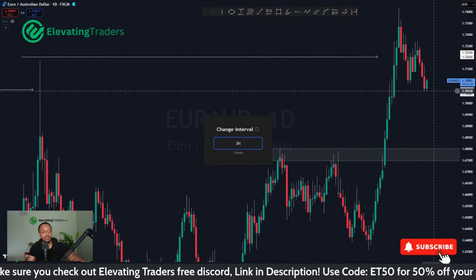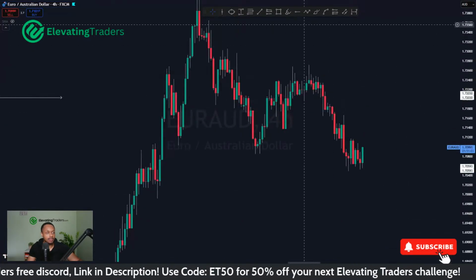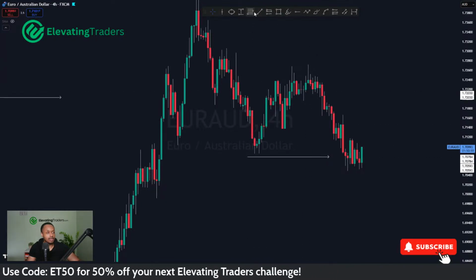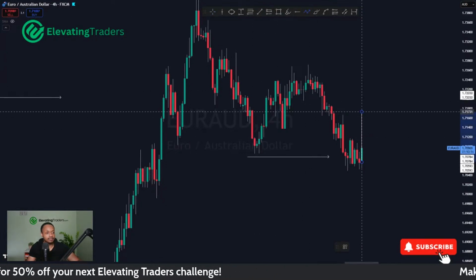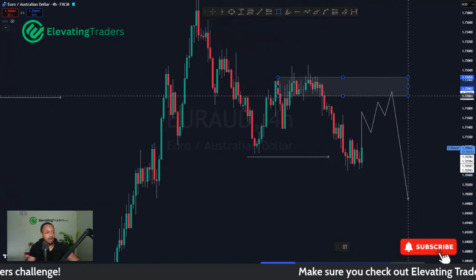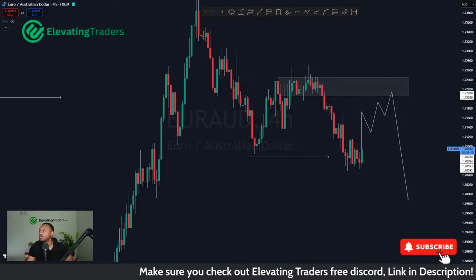So if I drop to the 4-hour time frame, since we have cleared the lows here, we might now be seeing a bit of a pullback for the next lower high before we do continue. So I would definitely watch out for that.